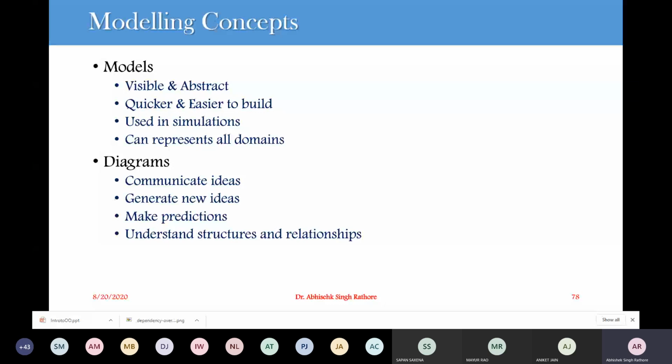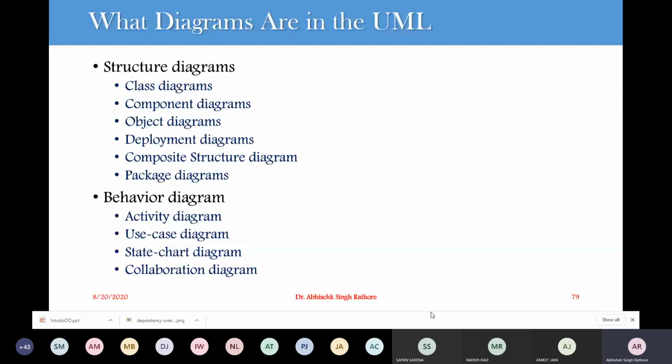So when we go for diagrams, what diagrams are available in our UML models? We have three different types of diagrams available. First we go for the structural diagrams. In the case of structure diagrams, we first have the class diagram. Class diagrams are the most common diagrams in the Unified Modeling Language.